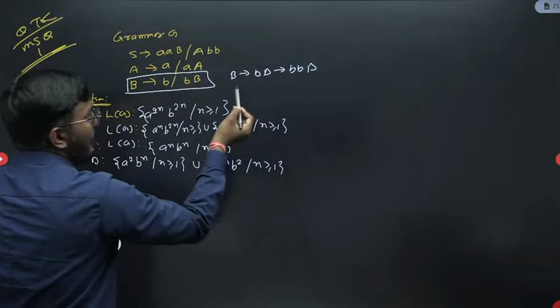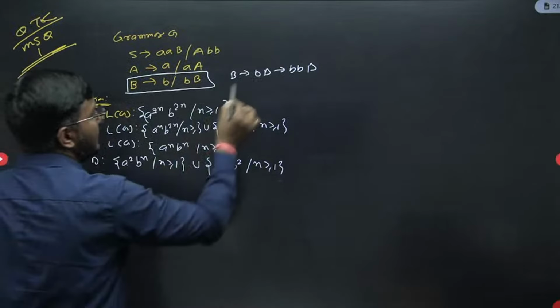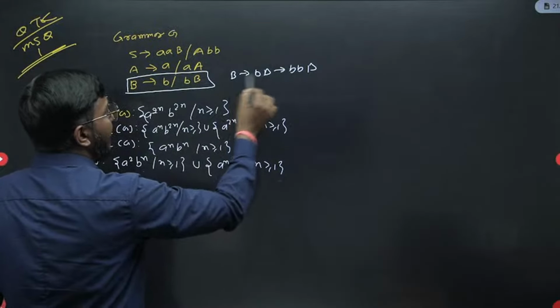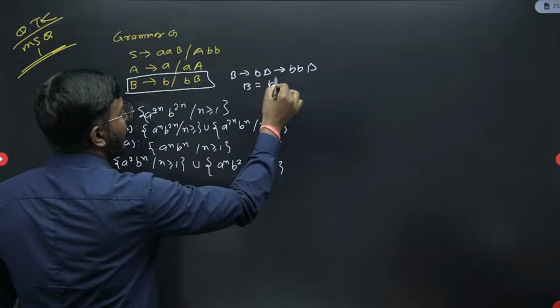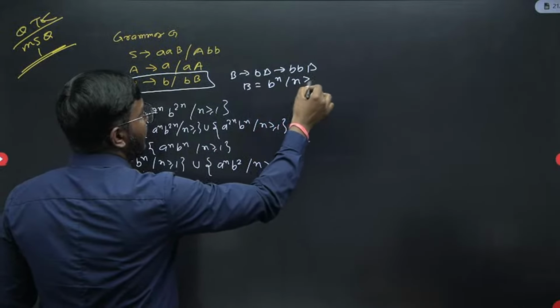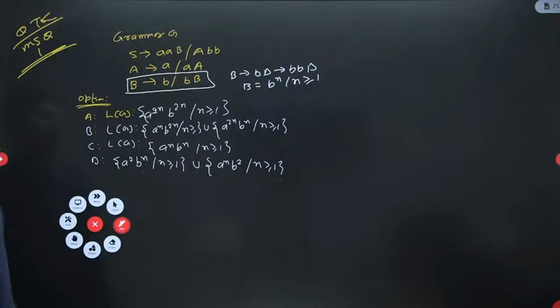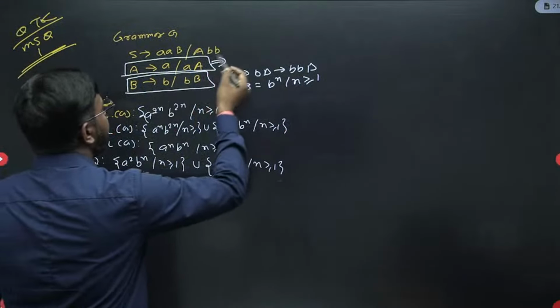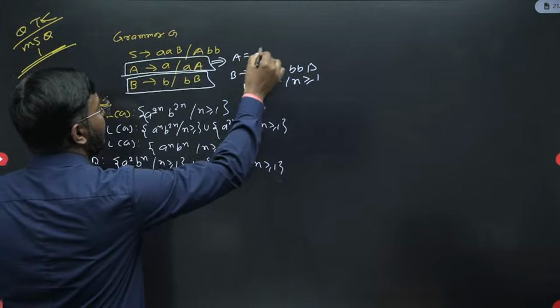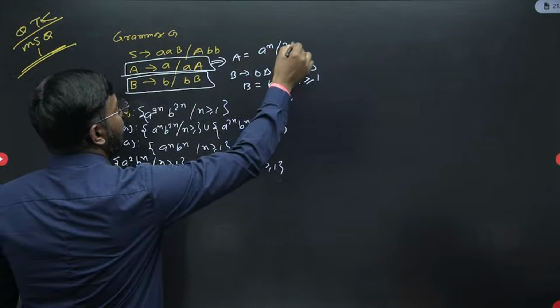So the minimum number of times we can get B is 1, and the maximum is any number of times. So I can say B is equal to B to the power of n, where n is greater than or equal to 1. Similarly for A, the expansion of A is A to the power of n, where n is greater than or equal to 1.